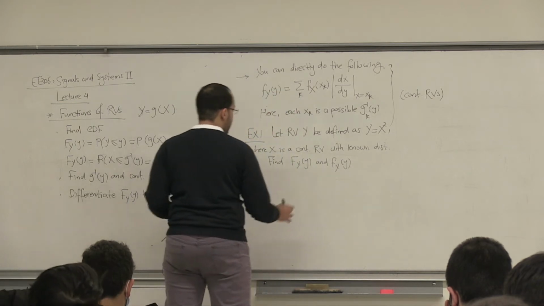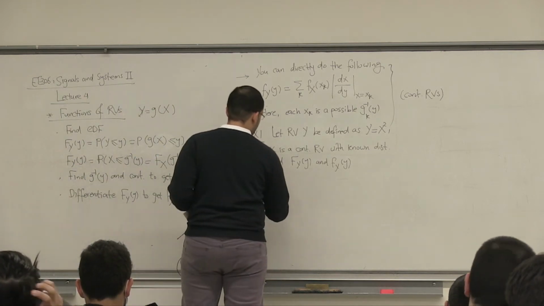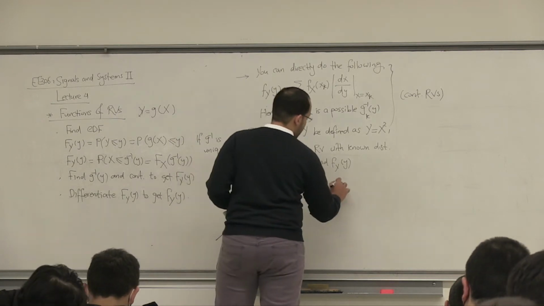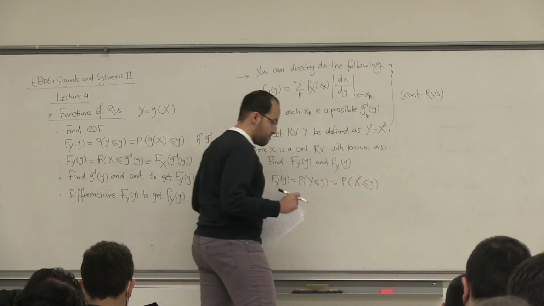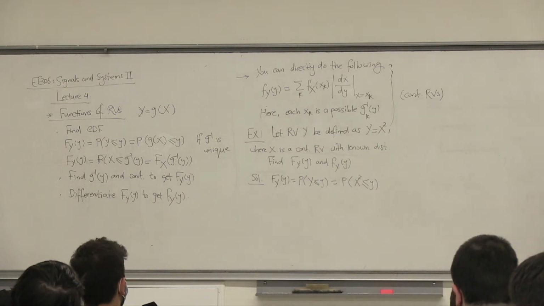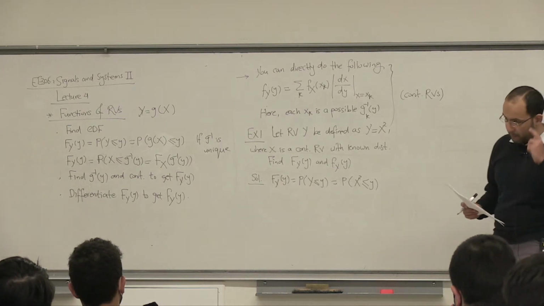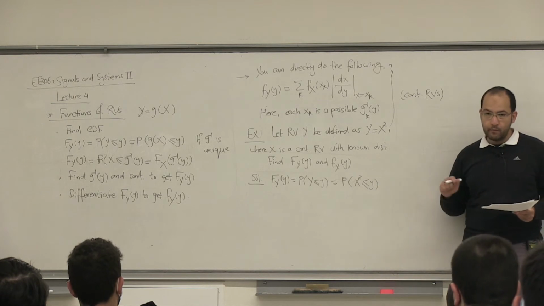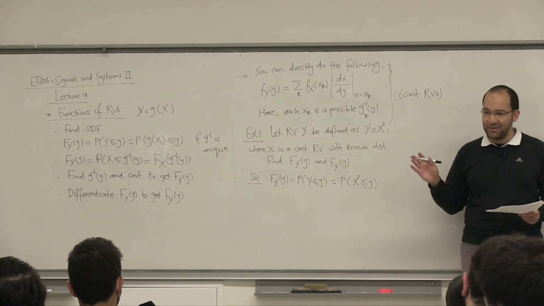Solution. Let's do the traditional way first. So F_Y of y is the probability that capital Y is less than or equal to small y, which is the probability that X squared is less than or equal to small y. Is g inverse here a unique function? Another question is, how would you deal with this? You can answer any of the two.